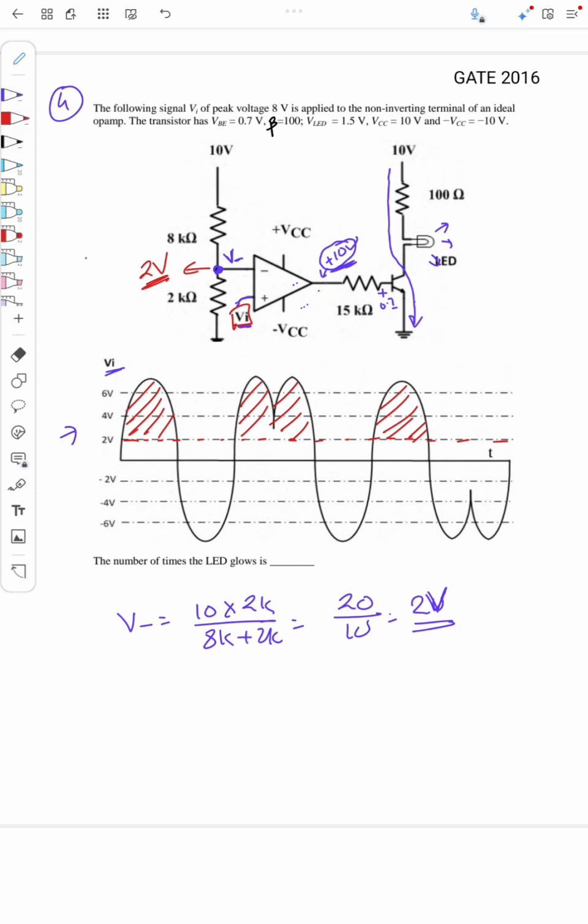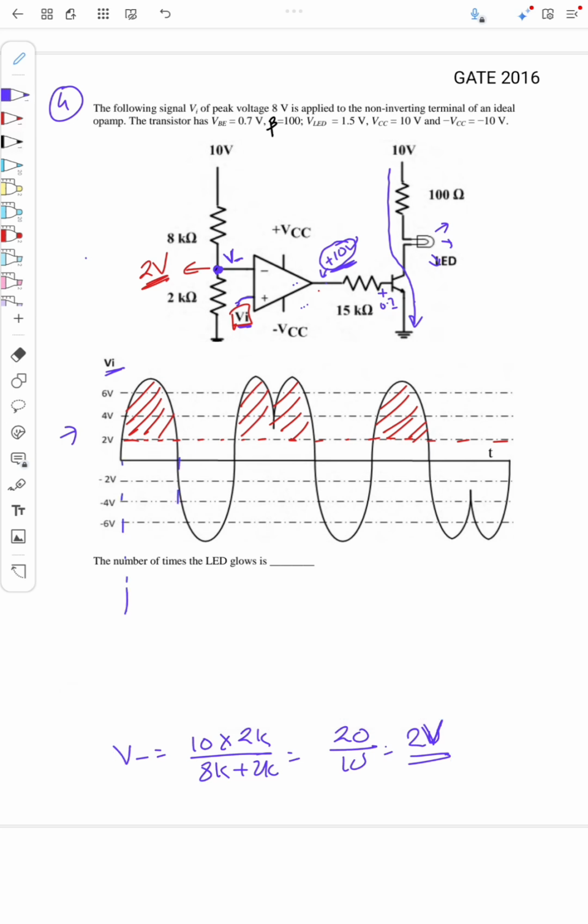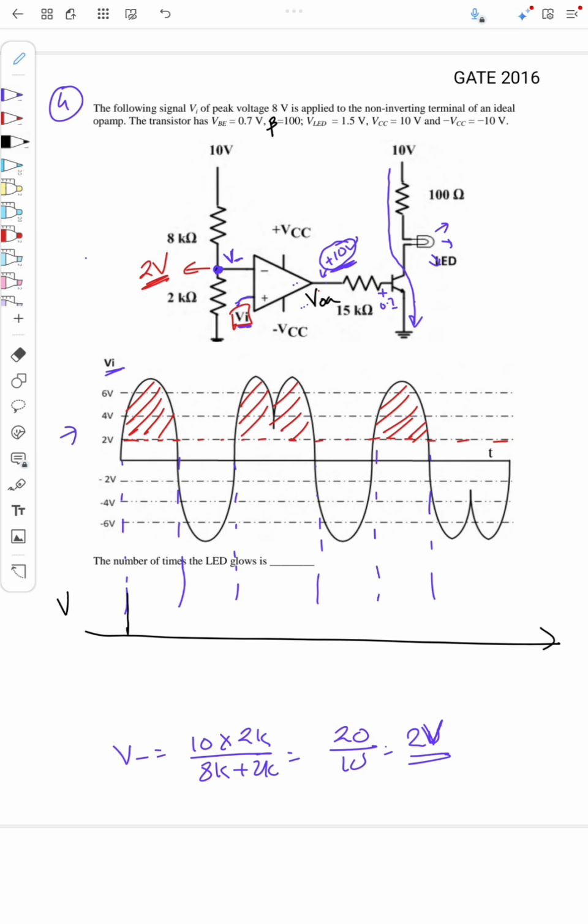So if I draw here, the output of the op-amp, I will call it VOA. VOA will be high during this time period.